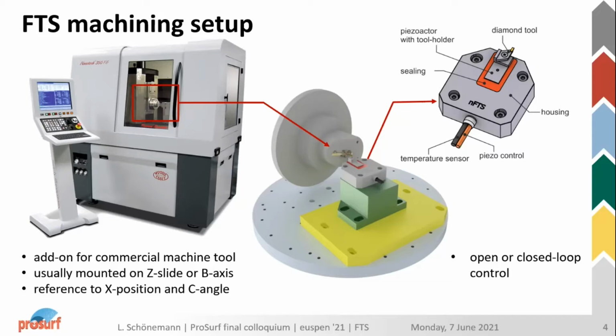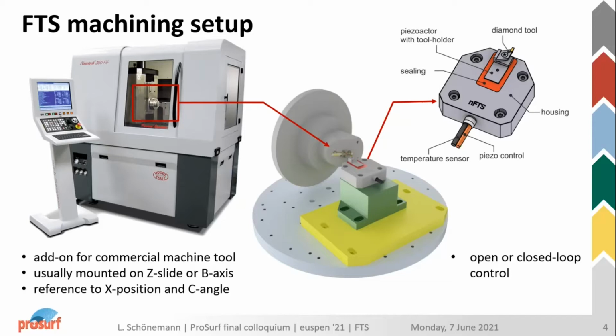and then have the fast tool servo just be used for adding the geometric features or the microstructure or nanostructure on top of this. There are different kinds of fast tool servos. Most fast tool servos are referenced to the linear axis, the x-linear axis in turning direction, and to the C angle, or the angle of the spindle used for turning, so that you have a reference of the exact point on your workpiece that you want to machine, and can determine the actual height that you need.